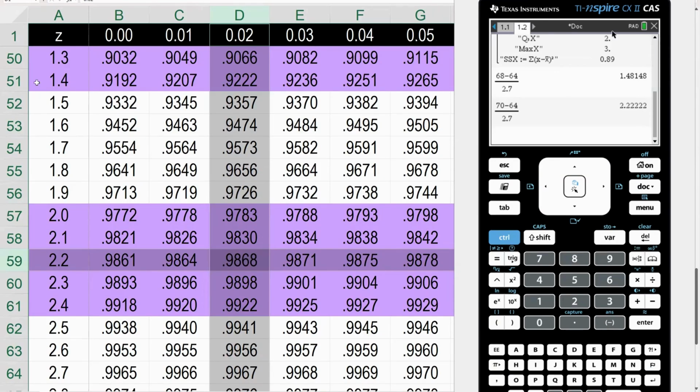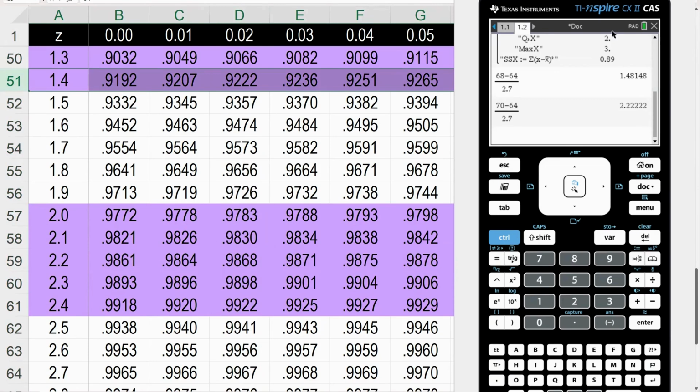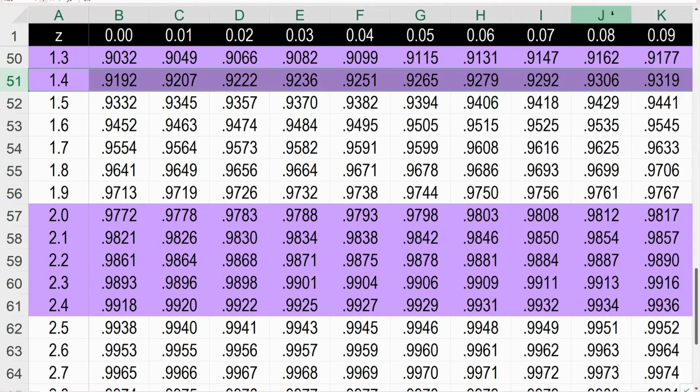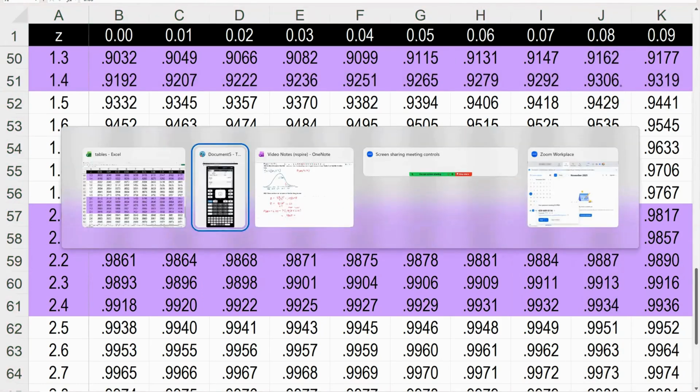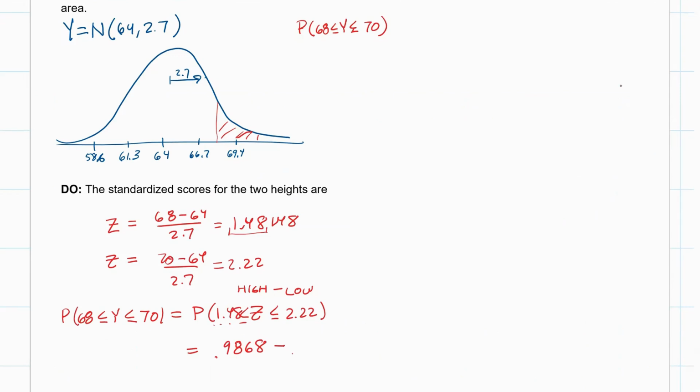So I go to 1.4, 1.48, and that looks like 0.9306.